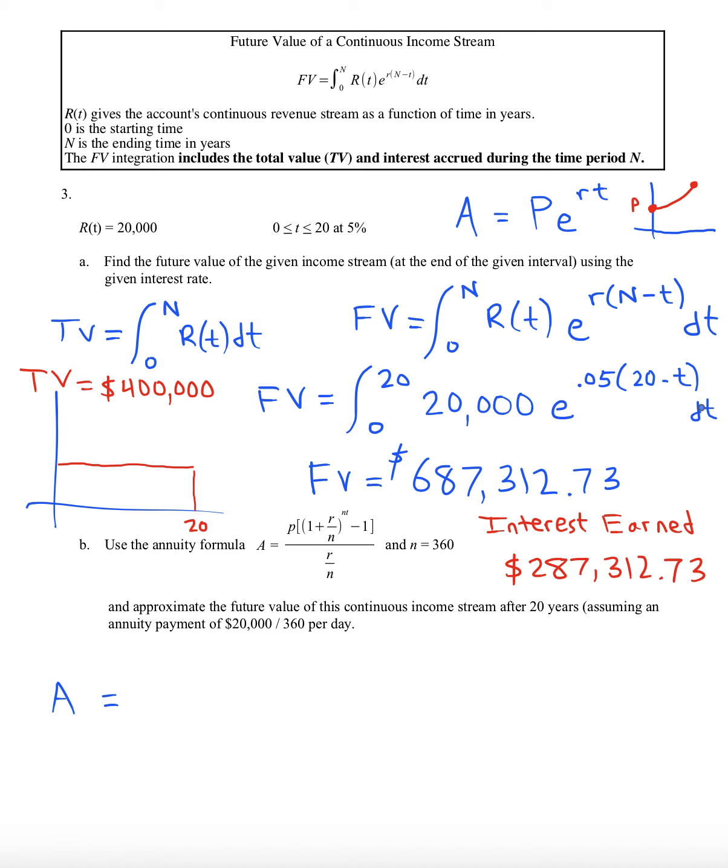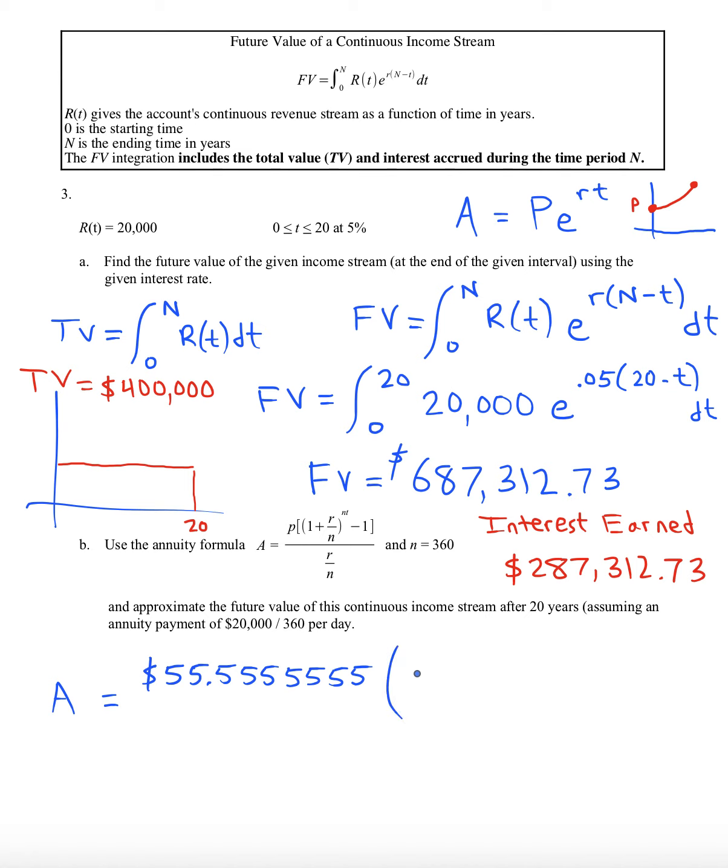So let's divide the 20,000 by 360. And that tells me I'm going to make about $55 in payment. And I'm going to keep a lot of decimals in the calculation. That's usually standard for these problems.